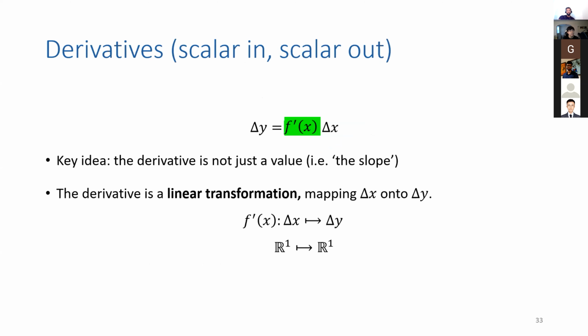It's a linear transformation that maps the change in x space onto the change in y space, which is technically the cotangent space, but that's kind of a detail. But I think a good thing to keep in mind is that you're doing a multiplication essentially when you are calculating the derivative.